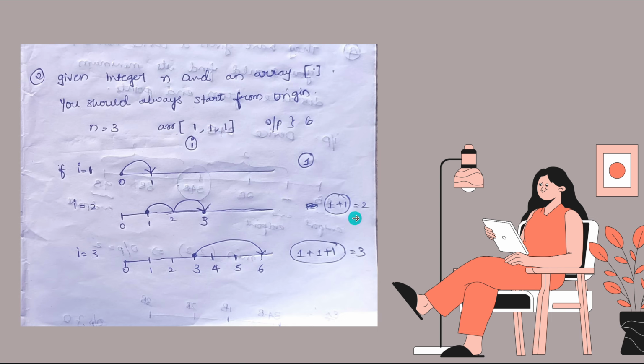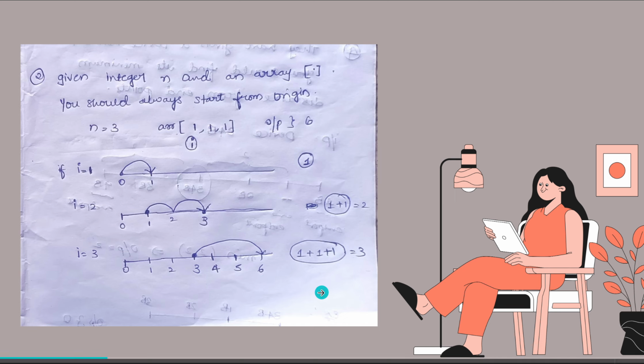Now you are at 3. Now with i plus plus you are at array index 3. This is also 1. Now 1 plus 1 plus 1 is 3, so you can jump 3 jumps at a time. Your index is 3 and you jump a length of 3. Now you are at 6.